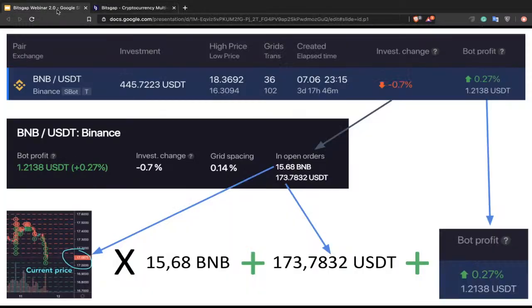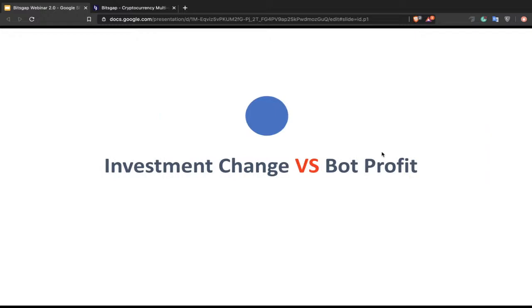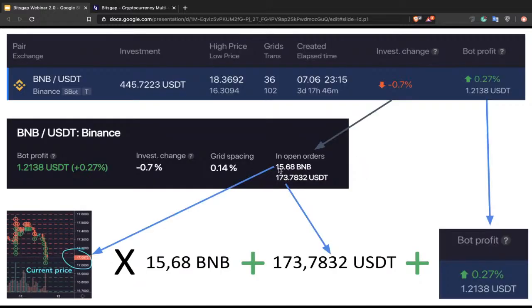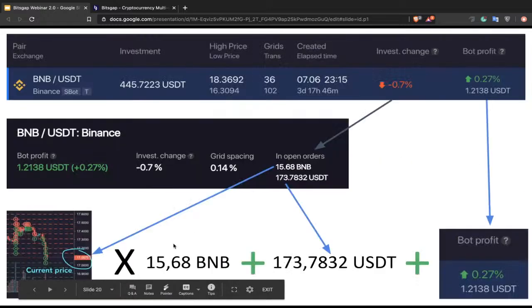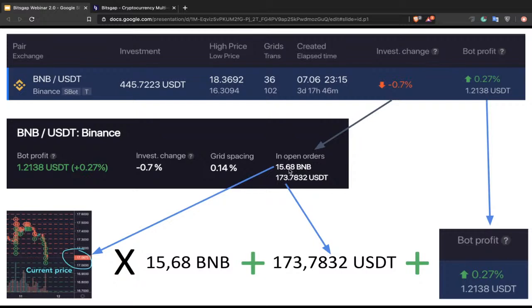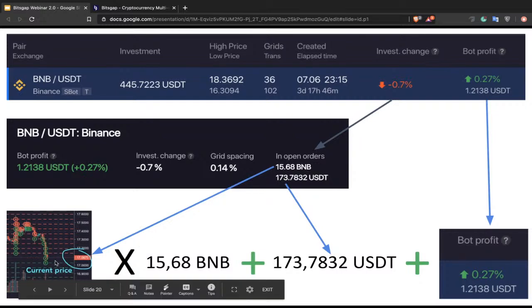When you calculate, in this case, you have to take the current price of BNB multiplied by the amount of BNBs currently in the open orders, so that's 15.68 BNB multiplied by the current price. That was the price back at that time when I made this example.